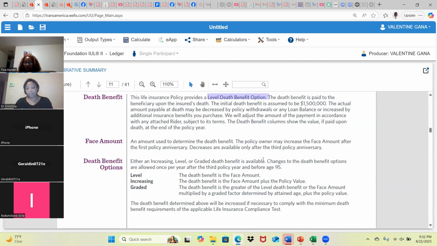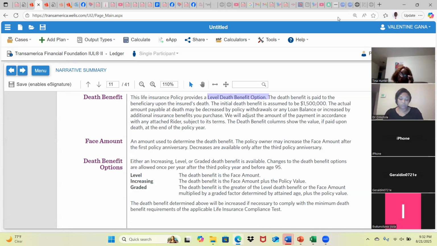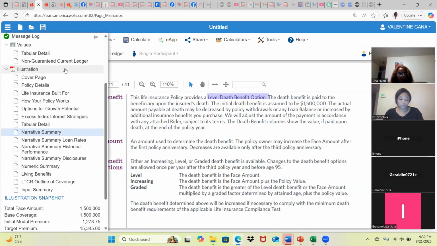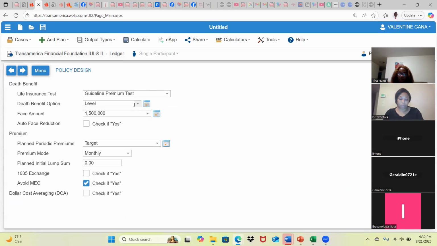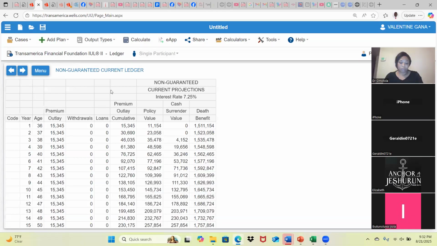Even if you are the client and you're reading it, there are some things you're not going to understand. That's why I told you that level is the devil. You should never write somebody a policy with level, because it's an inside job that is not good. I left it as level, but come here, change it to graded, run that. It's going to change the outcome. So it's good to go with somebody you trust.